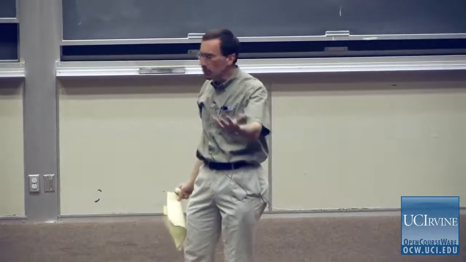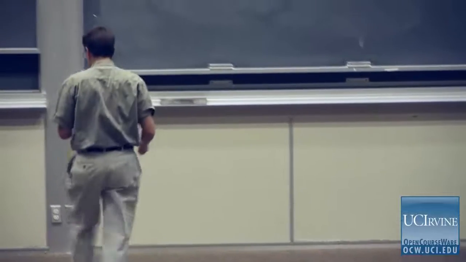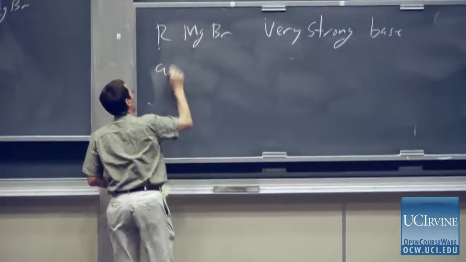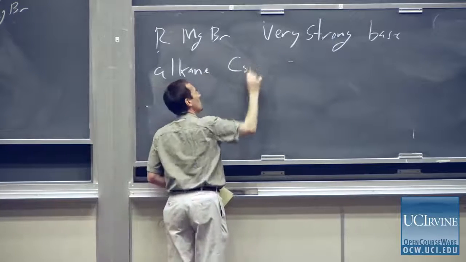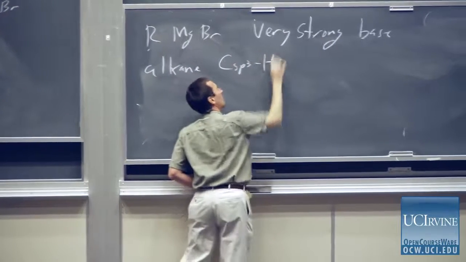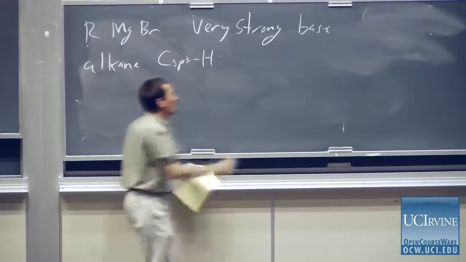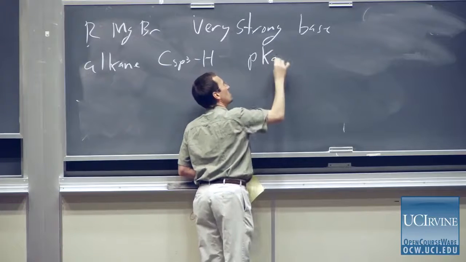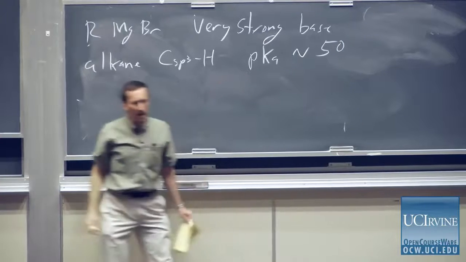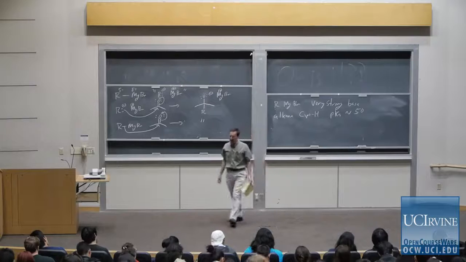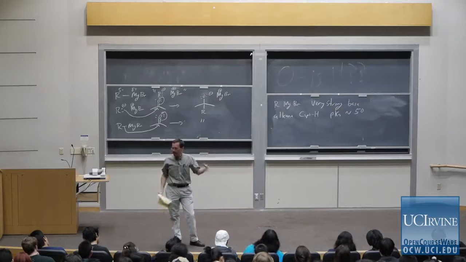So if you have butyl magnesium bromide, the conjugate acid corresponds to an alkane. In other words, where you have an sp3 carbon bound to a hydrogen, the pKa for such a hydrogen is about 50. That's about at the very end of the basicity scale. That's about as basic as you can get for a carbanion.